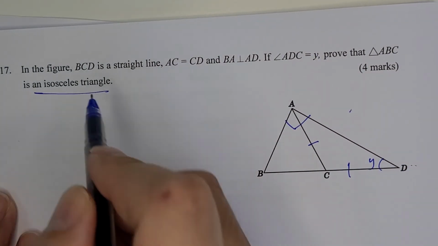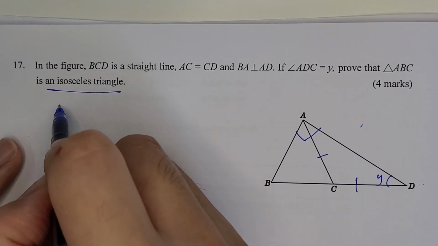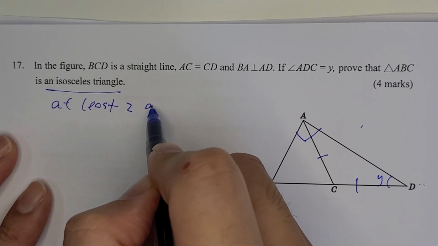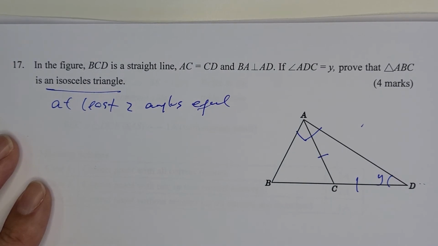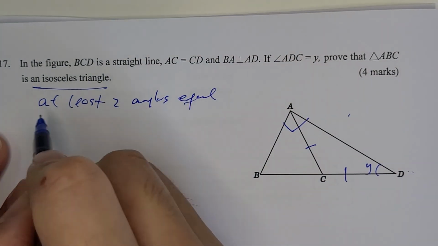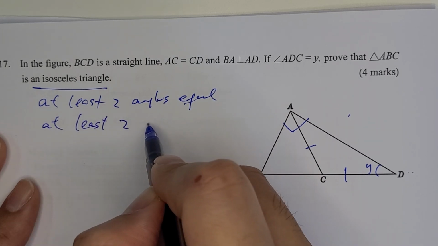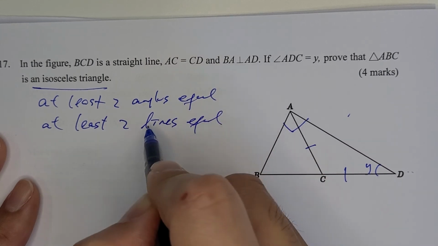So the condition of proving it is an isosceles triangle, then at least two angles equal, right? Or you may prove at least two lines equal, right? Or two sides.